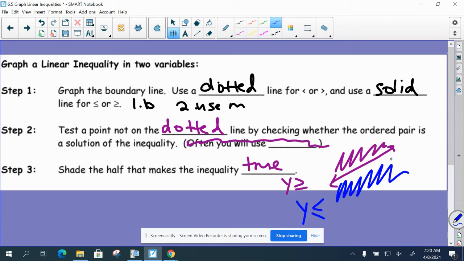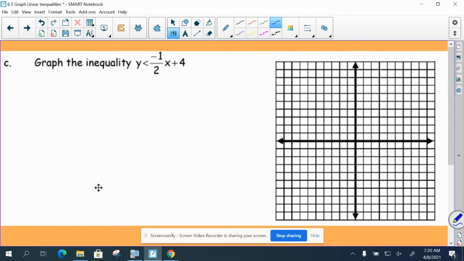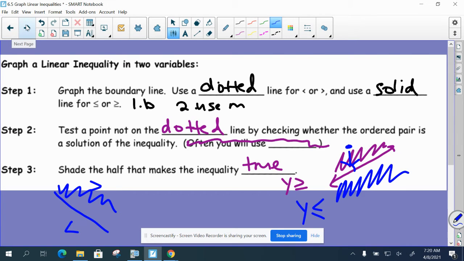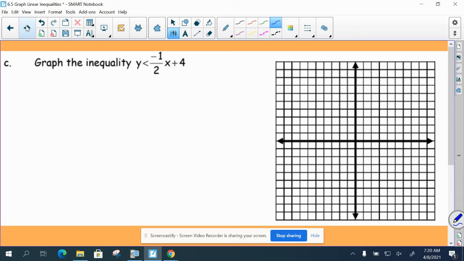Be careful though, because if the graph is going down, this part would be above and this part would be below. Then we'll go through some examples for other cases.